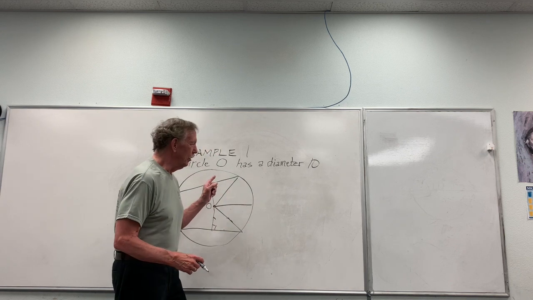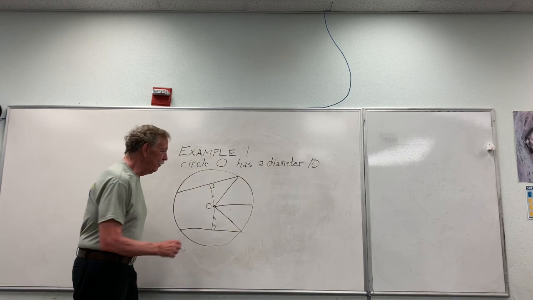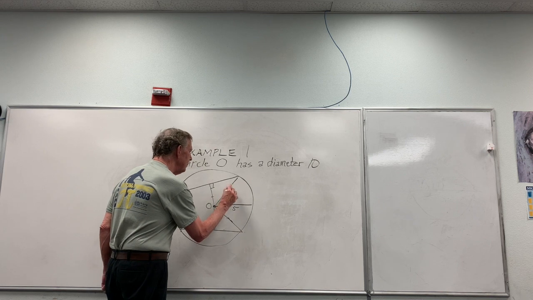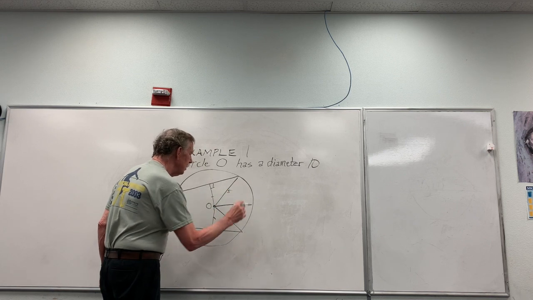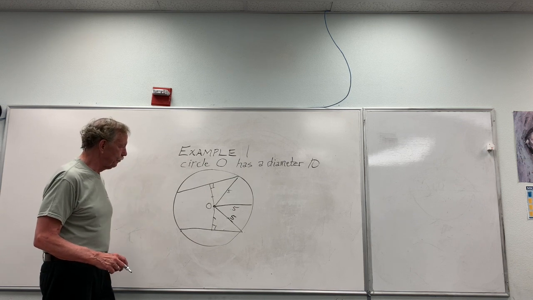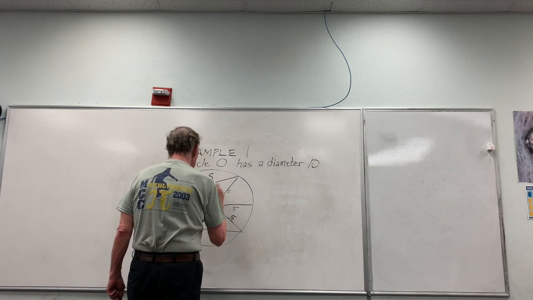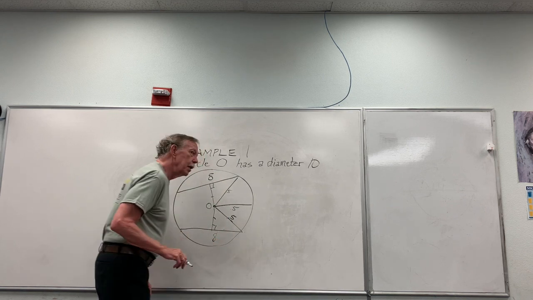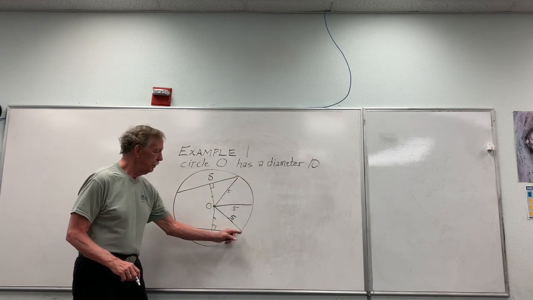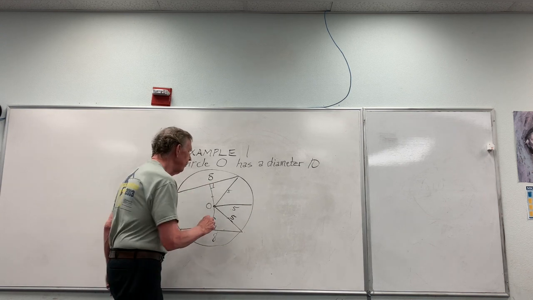In example 1, we're going to look at this circle with a diameter of 10. If it has a diameter of 10, then it has a radius of 5, and all three of these lines are radii. We know the length of the chord is 8. Each of these pieces is half of that.